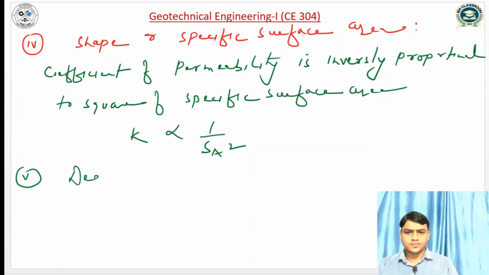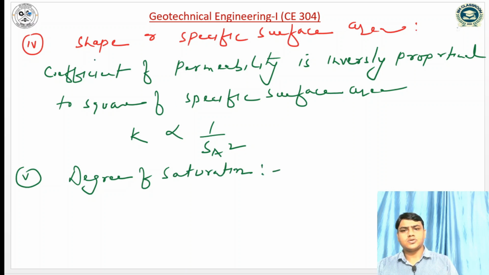Fifth one is degree of saturation. So the coefficient of permeability for fully saturated soil is more as compared to partially saturated soil.